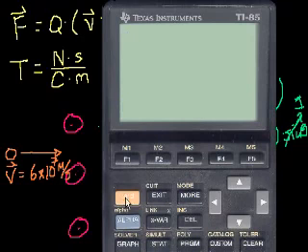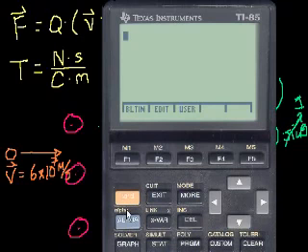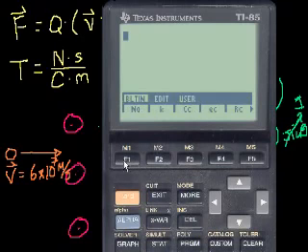If you press second and constant, that's second and then the number 4, they have a little constant above it, you get their constant functions, or their values, and you say the built-in. I care about the built-in function, so let me press F1. They have a bunch of interesting ones, this is Avogadro's number. This is the charge of an electron, which is actually the same thing as the charge of a proton. So let's use that.